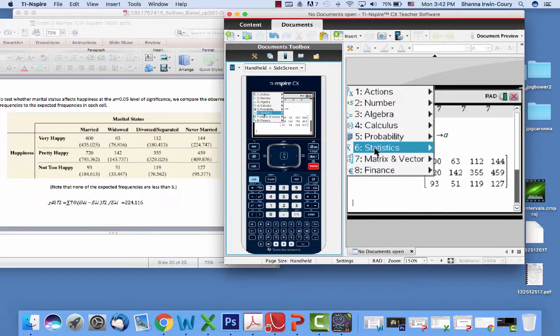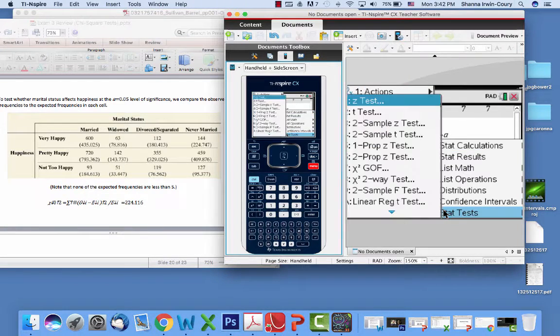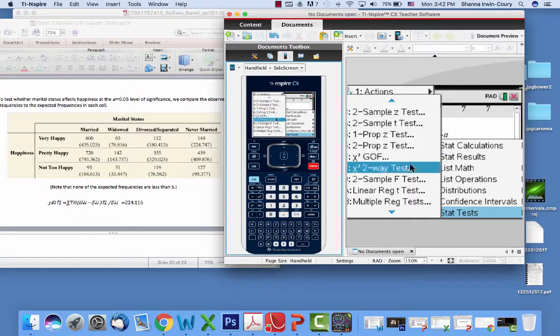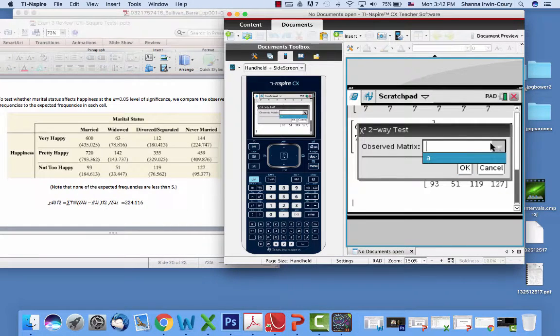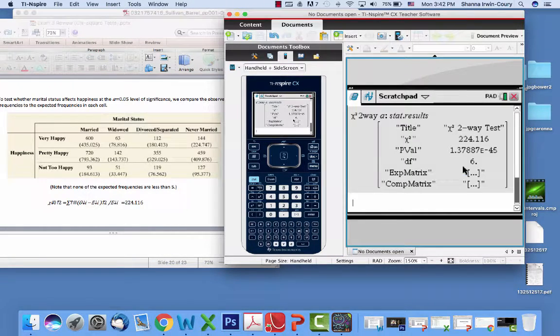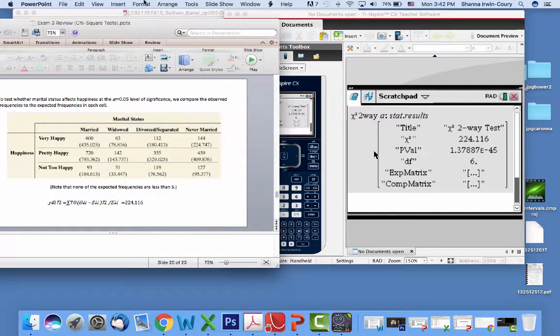Now I go statistics, tests, chi-squared two-way test, that's a test of independence. I'm going to choose A. And here's that chi-squared that we just calculated, the 224.116. All we're able to do with the chart is look and see, is my p-value less than a given alpha, because it just has the boundaries for each alpha on the table.